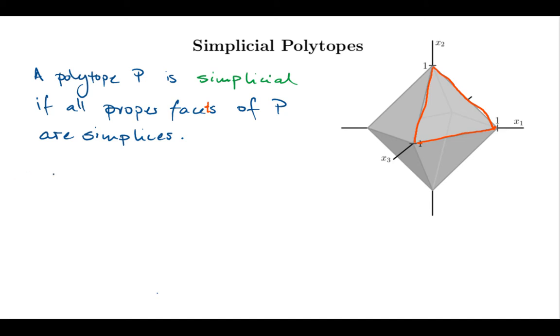So number 1, if I pick the vertices of P, I'm defining a polytope as a convex hull of some points. If I pick those randomly, then I claim P will be simplicial.